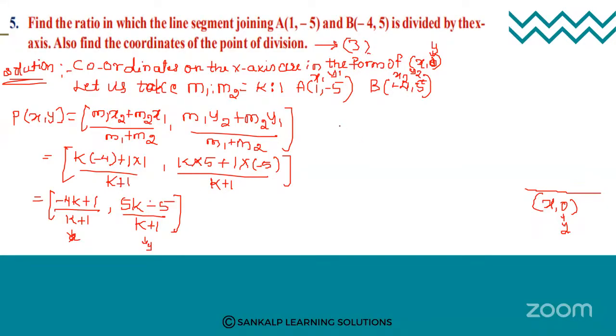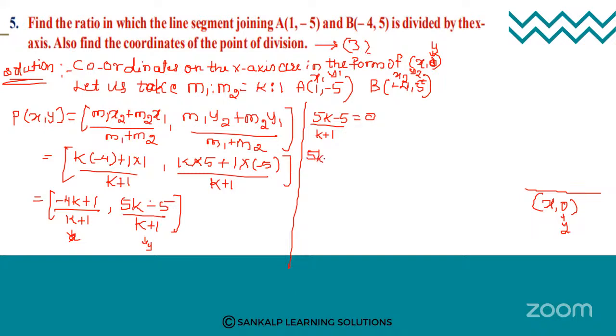Then what happens? See here, I will write 5k minus 5 divided by k plus 1 is equal to 0. So this is the value of y. I am equating this y value with 0. Right? Now, transfer this k plus 1 to this side. 0 into k plus 1 is 0 only.